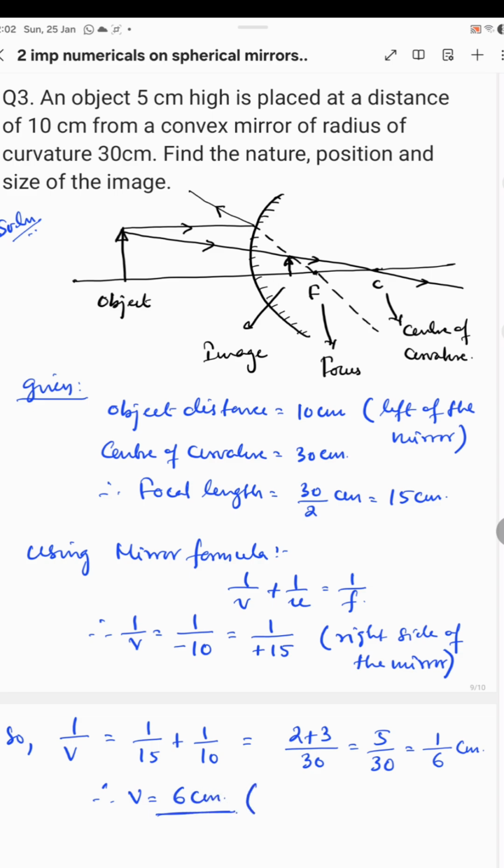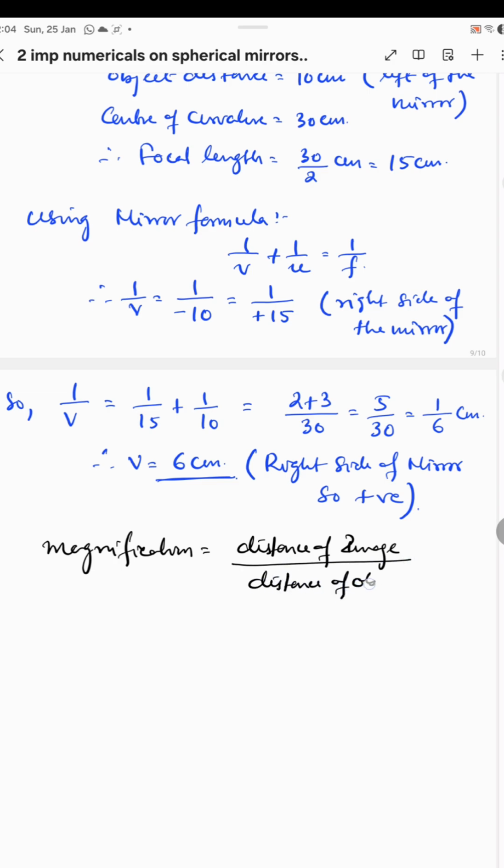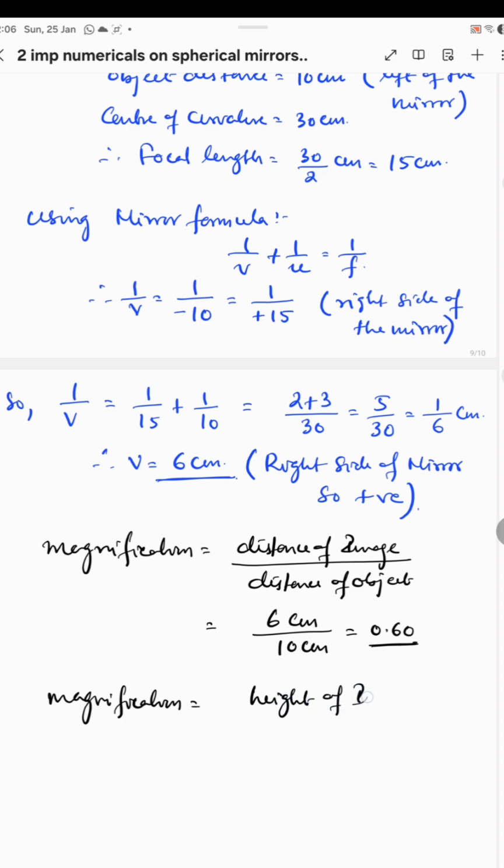Now let's see the magnification part. The magnification will be distance of the image divided by distance of the object. After putting the values, we have 6 centimeter divided by 10 centimeter, which is 0.60. Now we can take magnification as height of the image divided by height of the object.